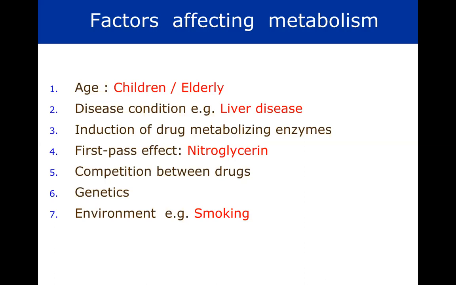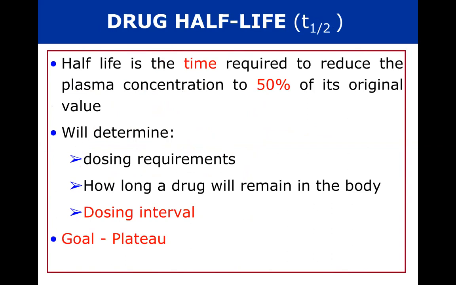First pass effect, like the already mentioned example, nitroglycerin. Competition between drugs, and genetics, like that example of lacking certain enzymes, like the enzyme converting codeine to morphine, and environmental factors, like smoking, that can affect the metabolism.